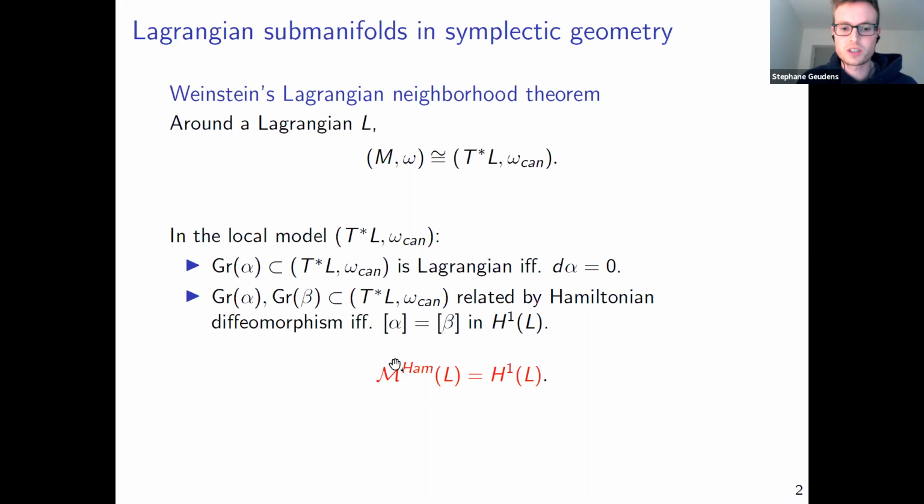So the conclusion is that the moduli space of Lagrangian submanifolds under the equivalence relation by Hamiltonian diffeomorphisms can be identified with H1 of the Lagrangian.